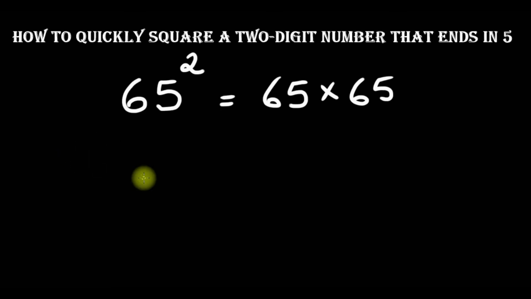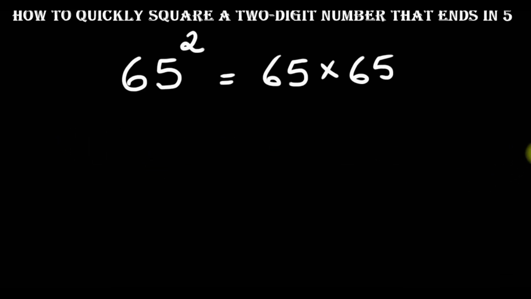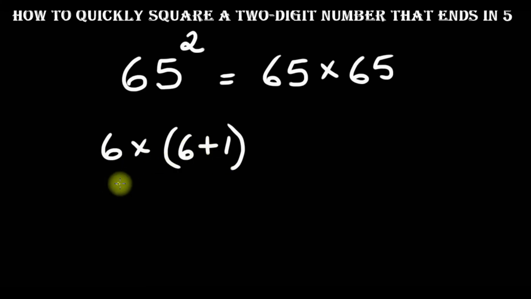But we have a trick so we can easily find out what 65 squared is. Here's how you do it. First thing you do is take the first digit times the first digit plus 1. The first digit is a 6, so that's just going to be 6 times 7, which is 42.